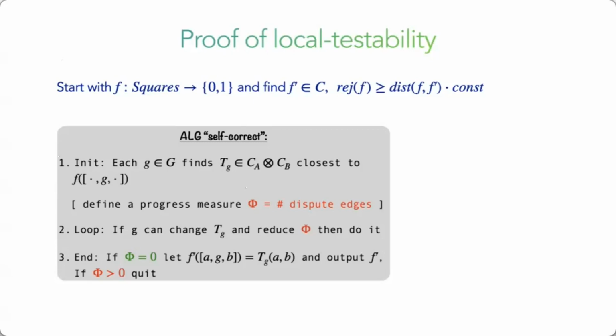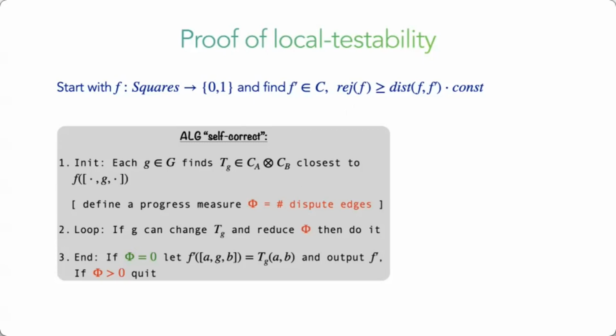Okay, so now I want to observe firstly that if I start with a function f that had relatively few local views that reject, then actually the number of disputed edges will also not be too large, because if both endpoints of an edge didn't reject, they were happy, they looked at a perfect picture, then they won't be in dispute, right?